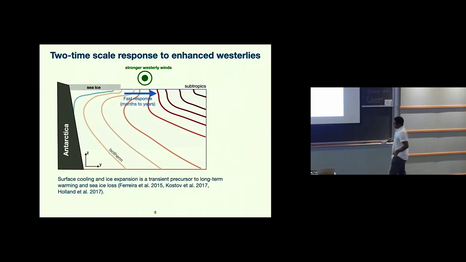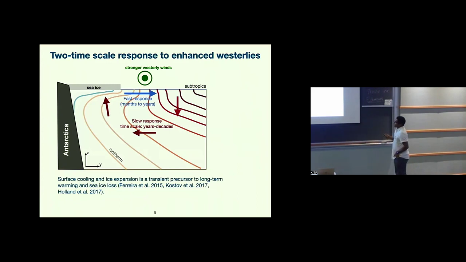And so the consequences of that are as follows. In one simple theory, we might expect that with strengthening of the winds, as I mentioned, you have an increase in northward Ekman transport, which happens relatively quickly. That promotes surface cooling in the circumpolar channel and sea ice expansion. And then subsequently, in the following years, you have a spin-up of the overturning circulation and enhanced upwelling in the sea ice region.